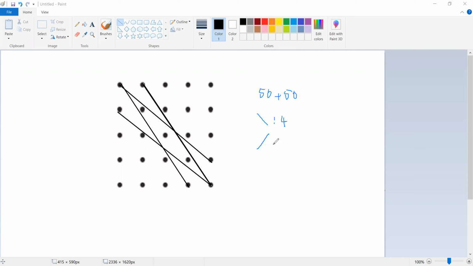And the ones going up also have 4 ways, because they're symmetrical. You can just reflect this across this line, so it'll be something like this.